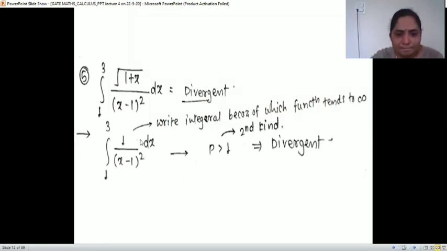So for that, we cannot directly write the answer here because the function is tending to infinity. For which value? If x is 1, if we put x is 1 here, 1 minus 1 will be 0 and 1 upon 0 will be infinity. That is, your f of x is tending to infinity.